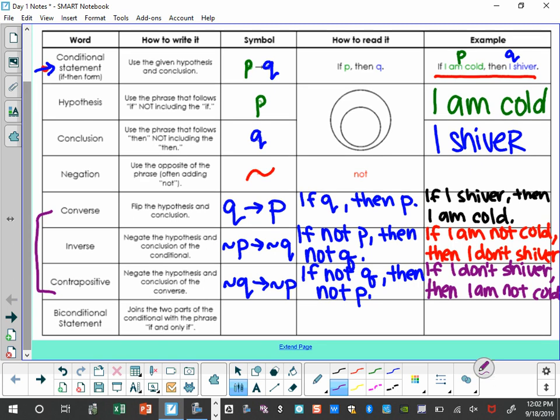Then we have our biconditional statement. What this means is that we join the two parts of the conditional with the phrase if and only if.